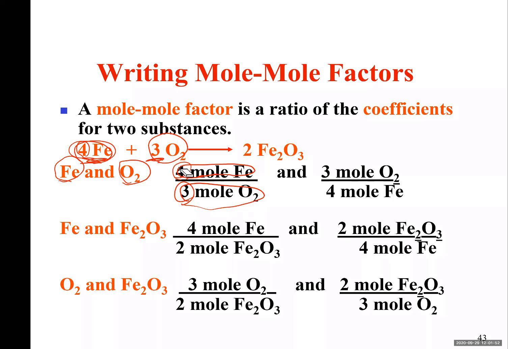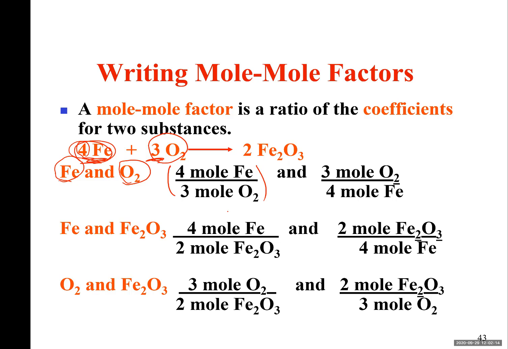This is a conversion factor. Remember, conversion factors are equal to 1. You also remember that we can always have 2 conversion factors. The relationship between the first one and second one, they are inverse of each other.